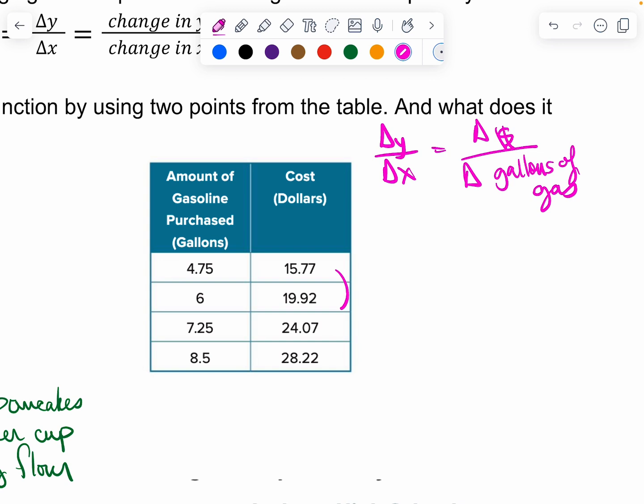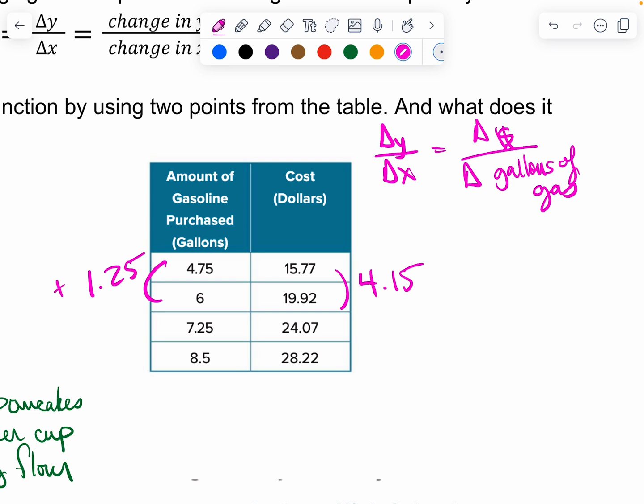So I'm going to take 1992 and I'm going to subtract 1577 to find out what the change is. $4.15. Okay, over here, I should be able to do this in my head, and I just did not do that.